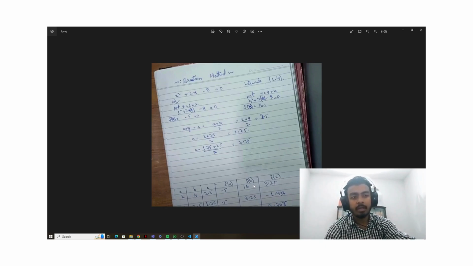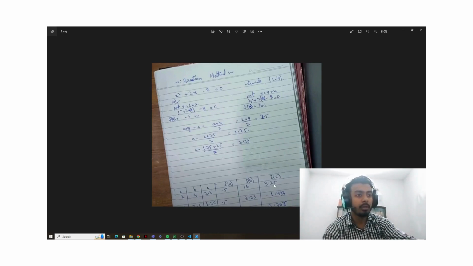If we get the answer of the function of c as positive, we change the positive side. Just look here: we have f of b on the positive side in this equation, and f of a is our minus side.